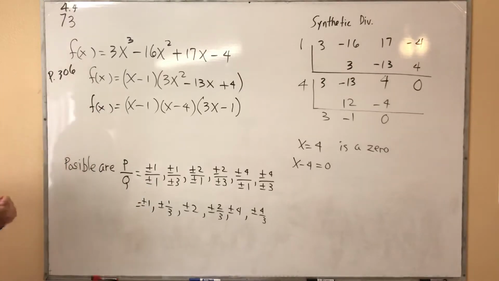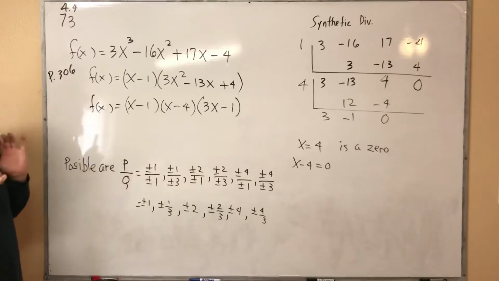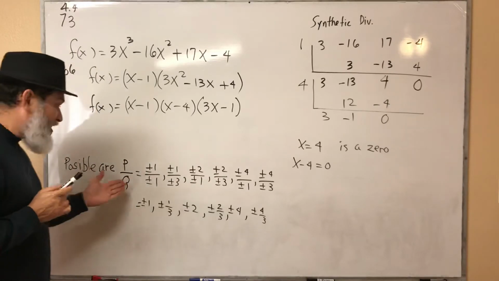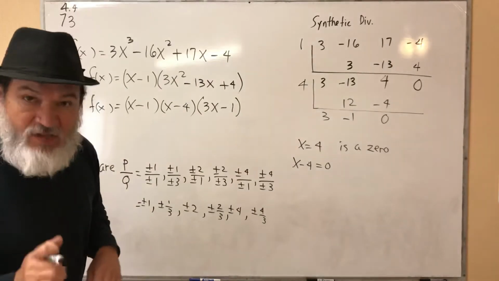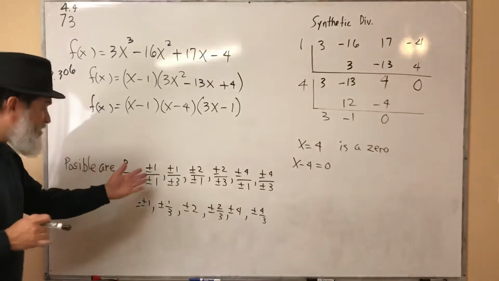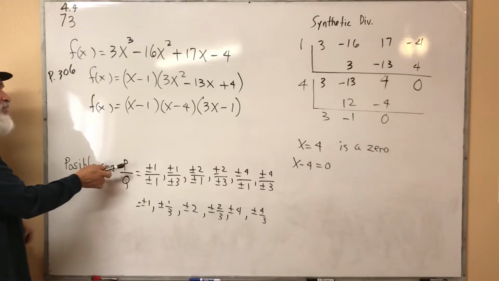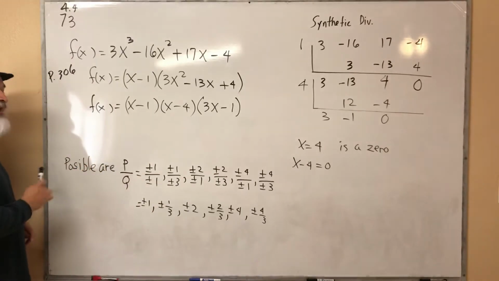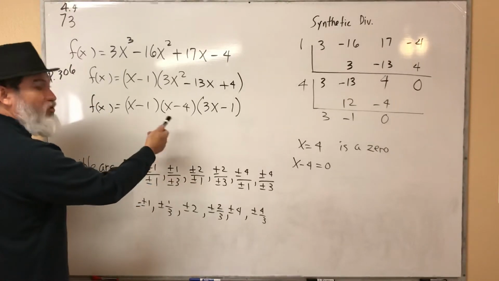Yes. We found it. We went down the list, we used the rational zero test, P divided by Q, the possible factors of P, possible factors of Q. We went down the list and we were able to factor this.